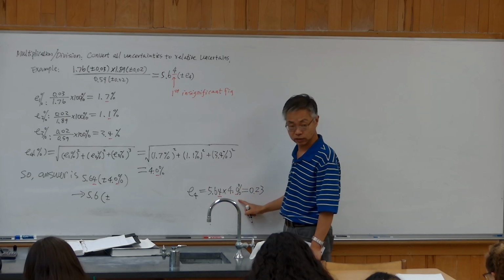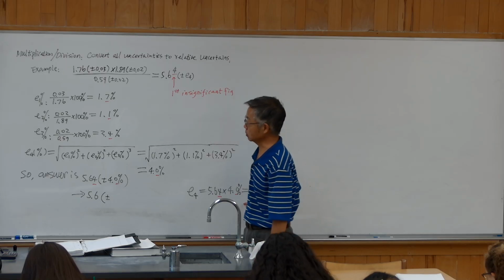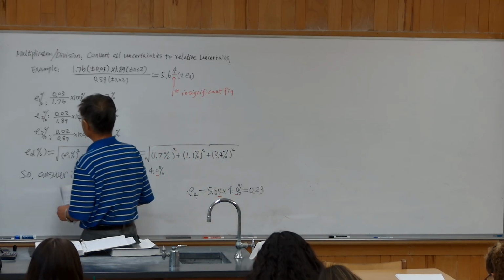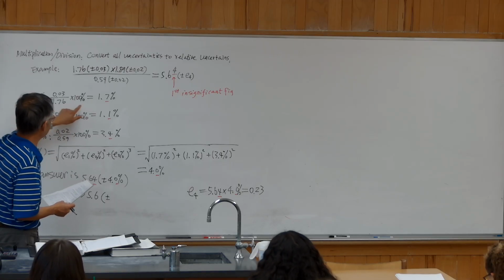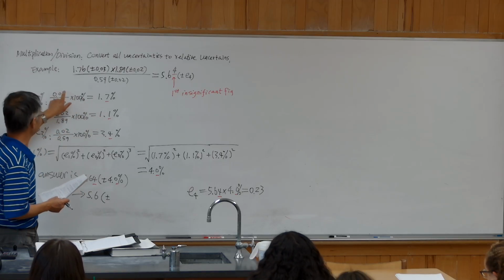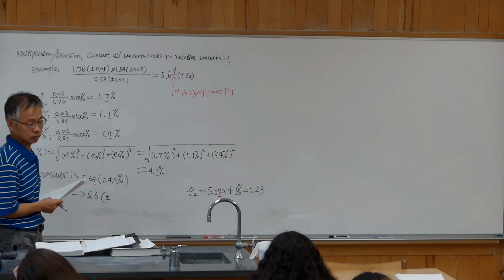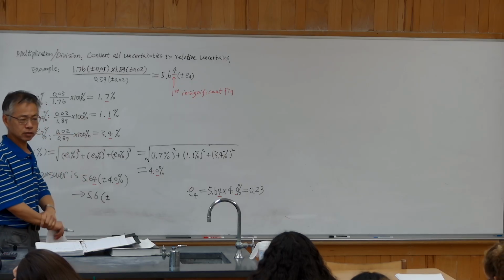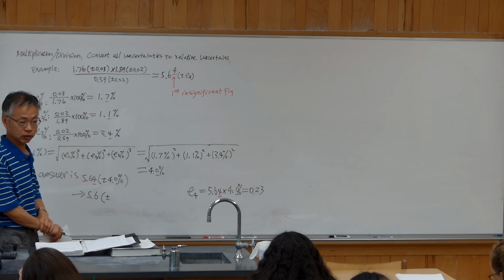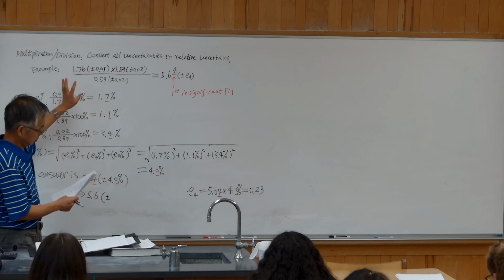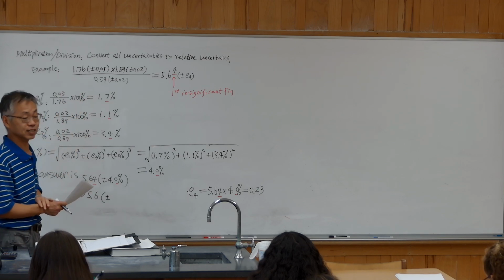Value times the relative is absolute. Absolute error. So value times percent, you get absolute error. Absolute error is not accurate. This is still random error because this is just the absolute uncertainty.